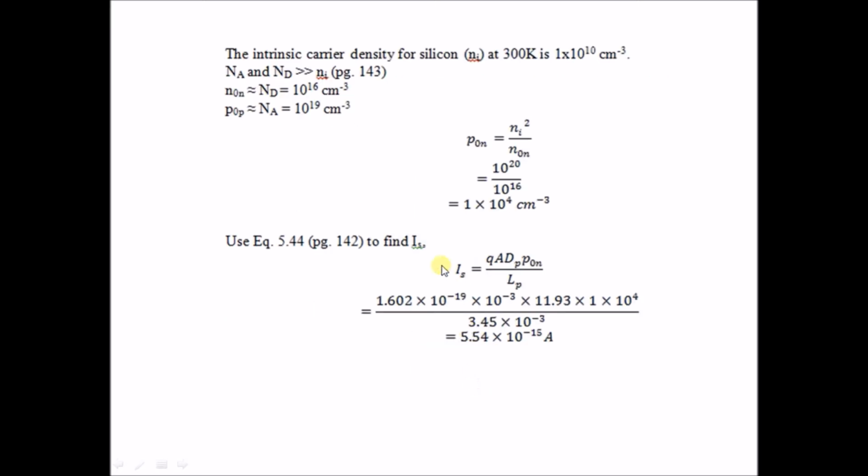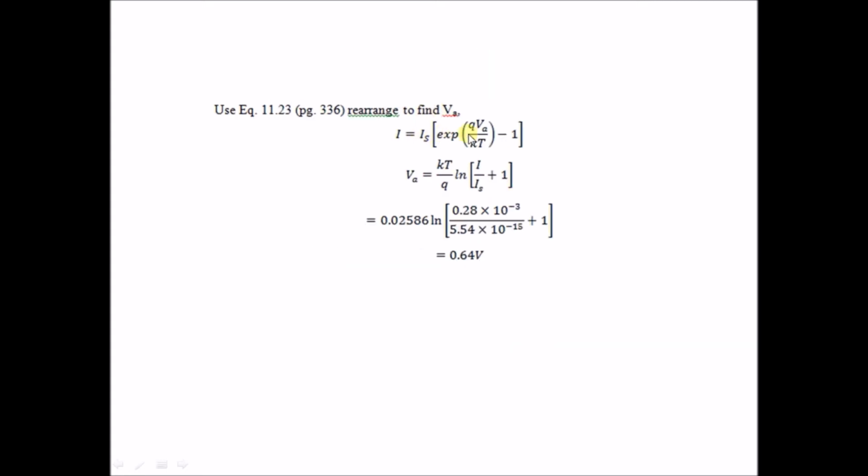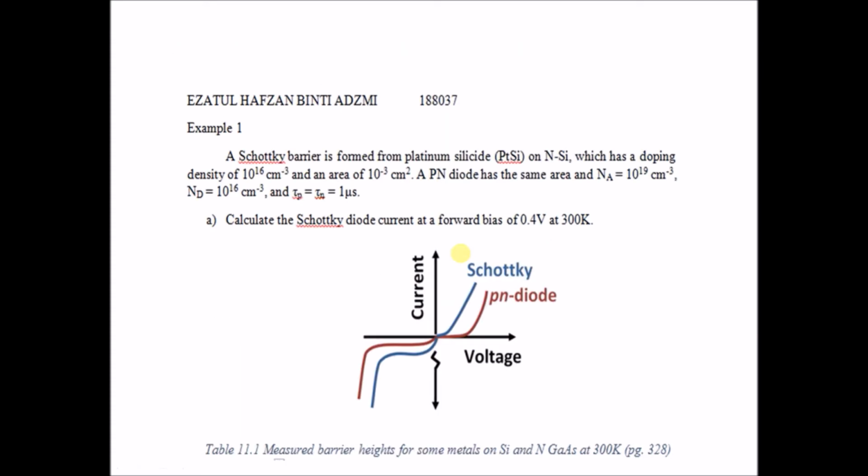Before that, we also need to calculate their I_S. After we get these particular elements, we can input them into these equations. So we get V equals 0.64 volt. Let me show you here.